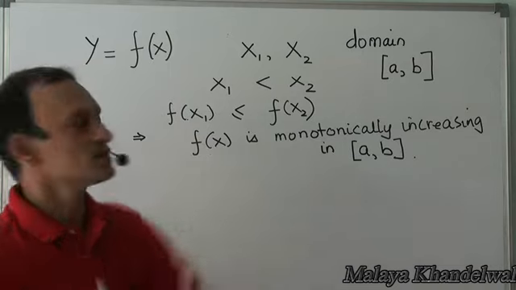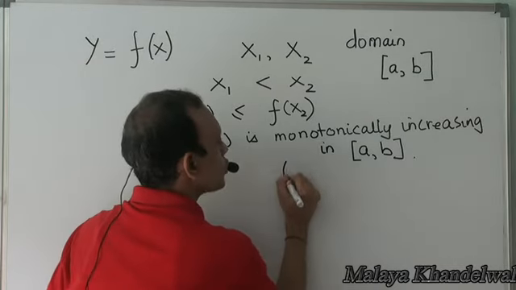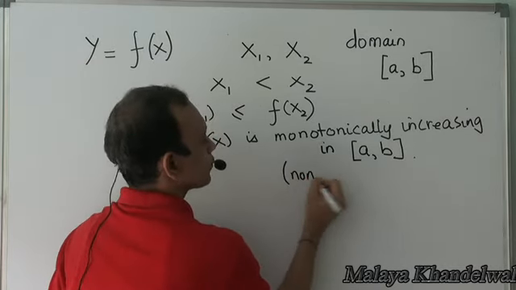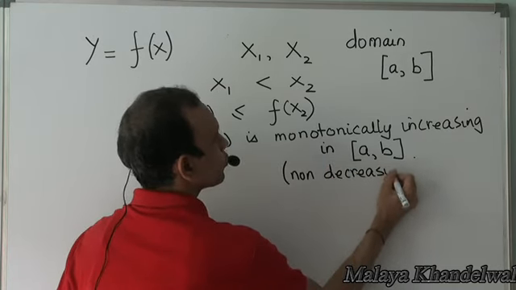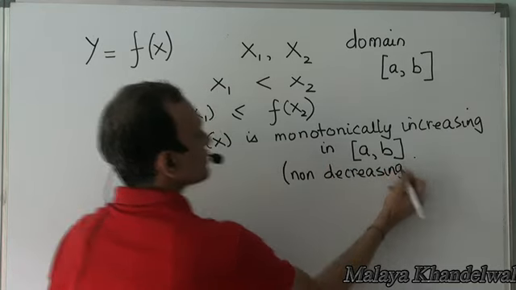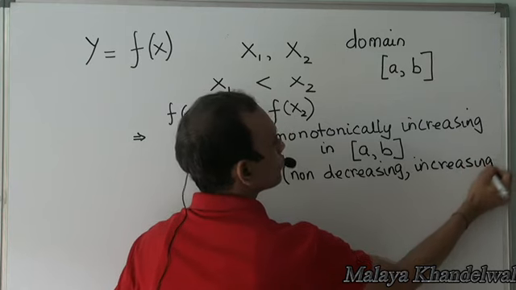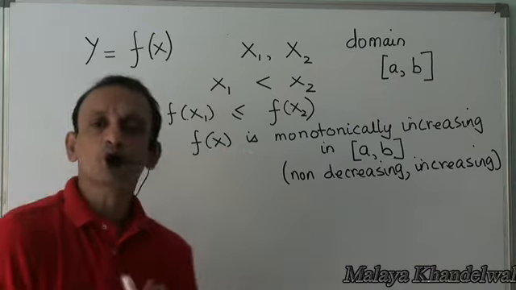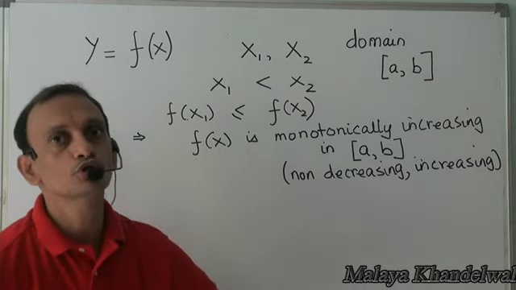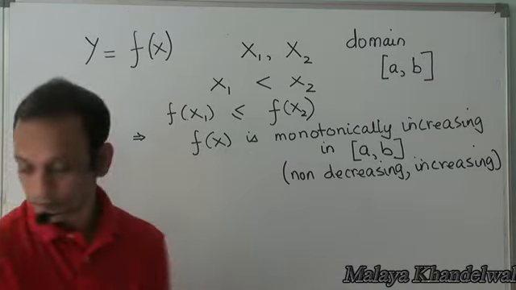Monotonically increasing, sometimes we simply say non-decreasing. We sometimes also refer to this as increasing. They all mean the same. So that's what is meant by a function being monotonically increasing in an interval.